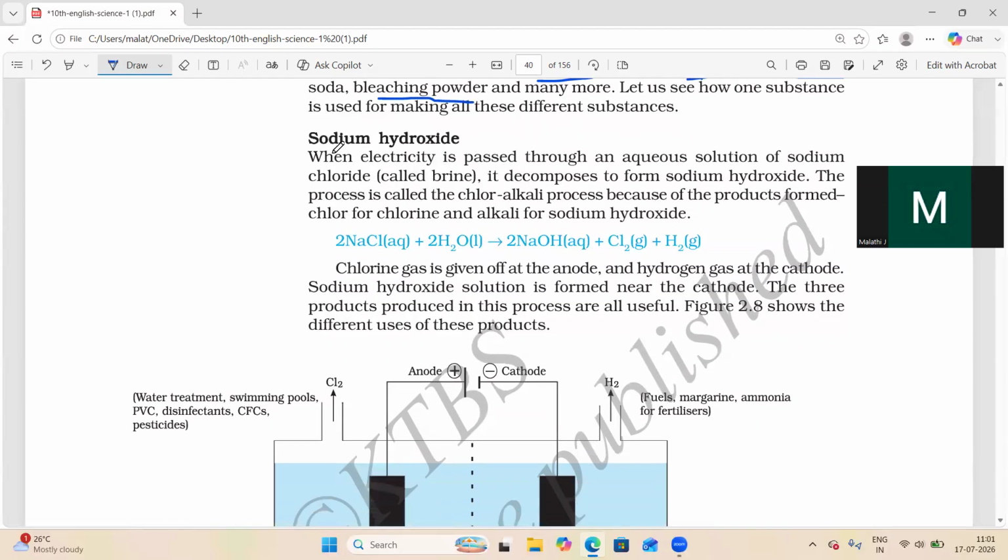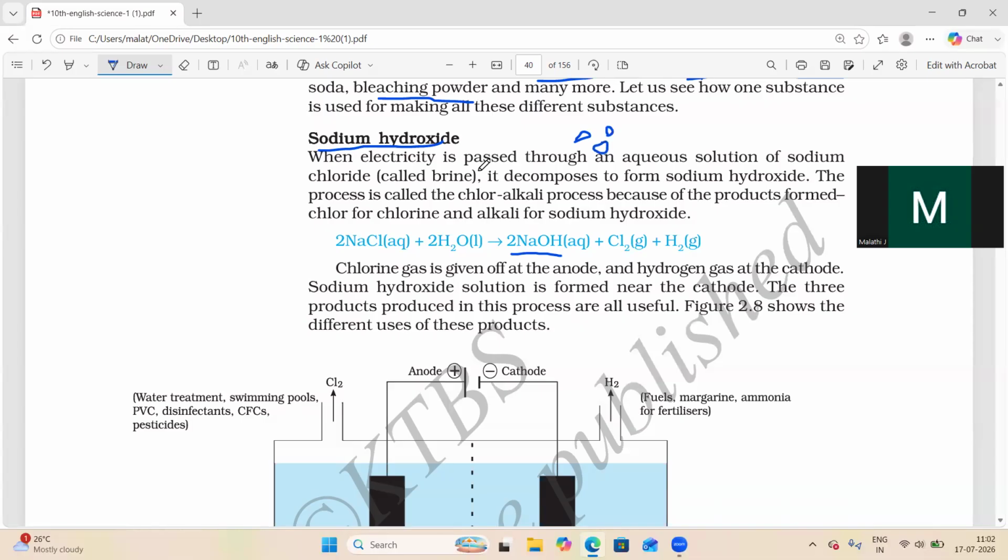If you observe sodium hydroxide, it is an aqueous solution. NaOH is white in color. In the market it is obtained as white crystals, in the sense of small pellets.